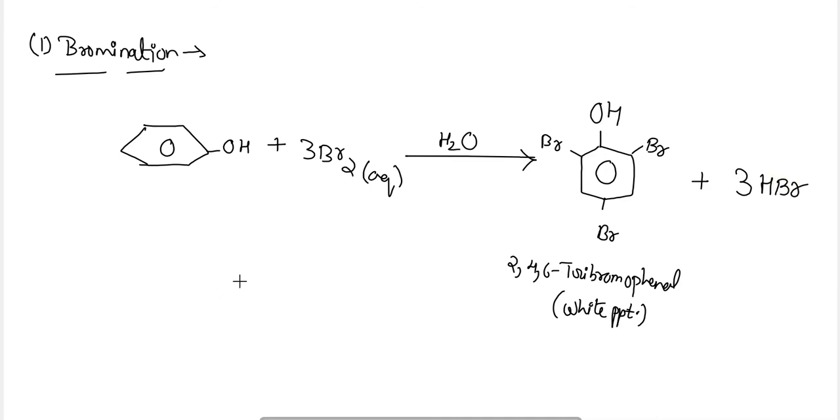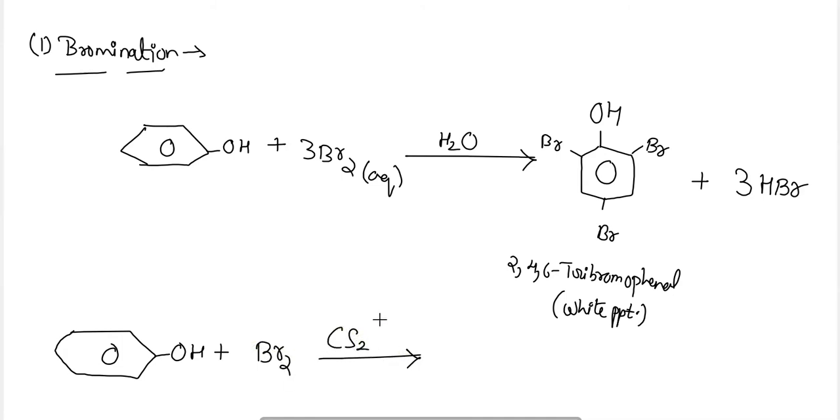However, in this reaction, we can use a solution of CCl4 also. This reaction can take place in the solution of CCl4 also. For bromination, we can use CS2, that is carbon disulfide, or carbon tetrachloride.